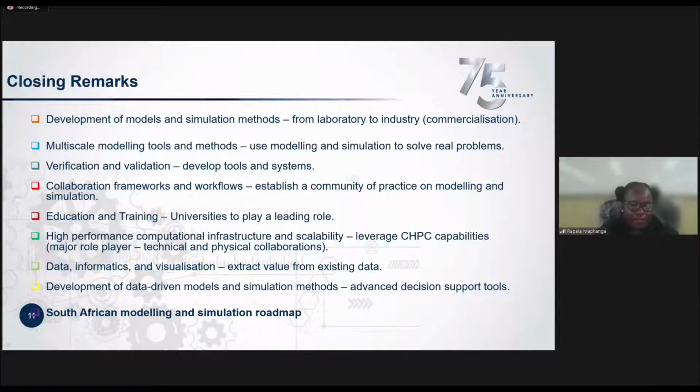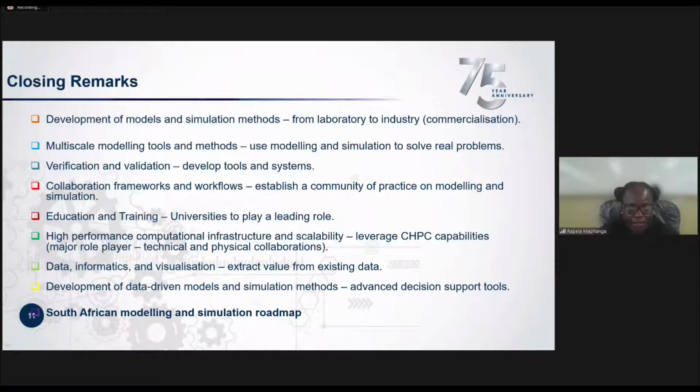Then lastly, on the development of data-driven models and simulation methods. The aim for this is to accelerate decision making, and also provide advanced decision support.